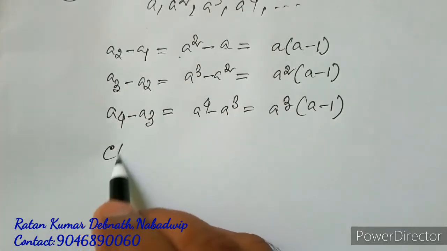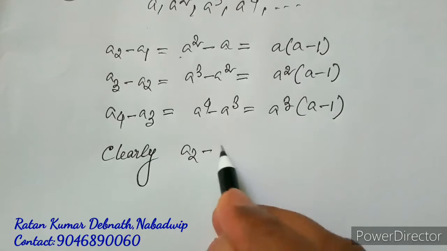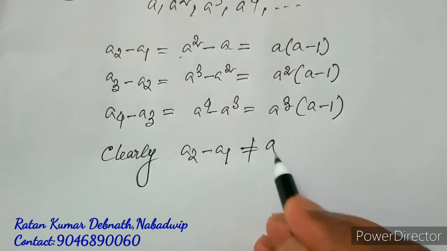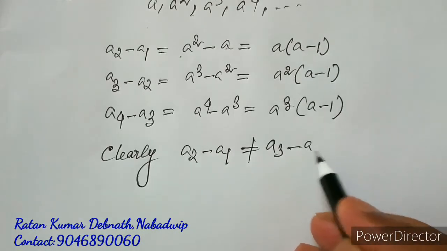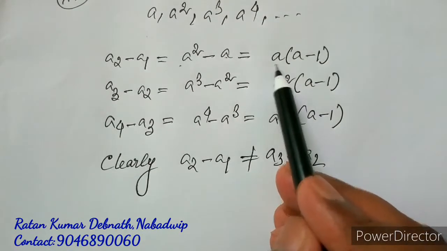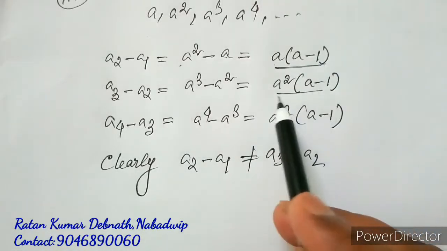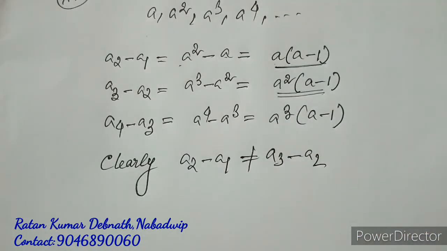Clearly, a2 minus a1 not equal to a3 minus a2, because there is a and there is a square. This term and this term are not equal.